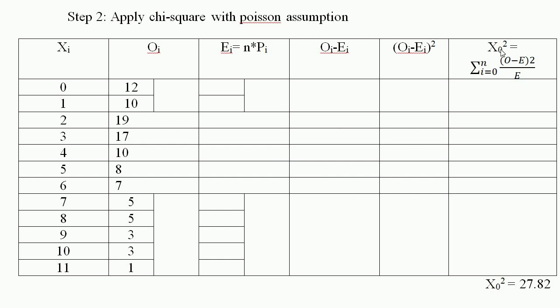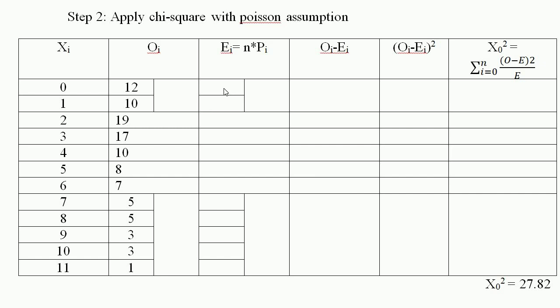The formula is chi-square equal to the summation over i of observed frequency minus expected frequency whole square divided by expected frequency, that is (Oi minus Ei) whole square divided by Ei. We have to calculate for all the intervals, i equal to 0 to 11. And the Oi values are given: 12, 10, 19, 17, 10, 8, 7, 5, 5, 3, 3, 1.